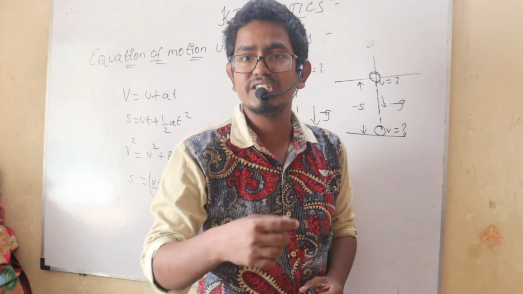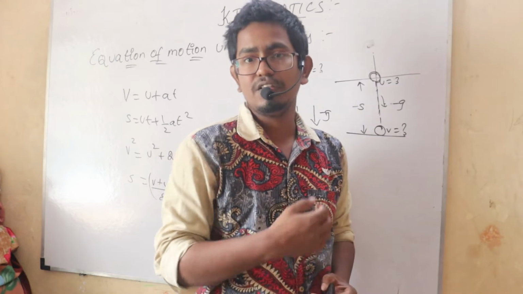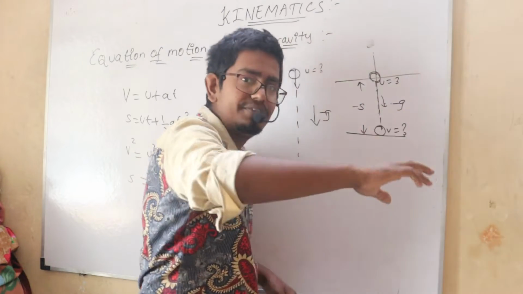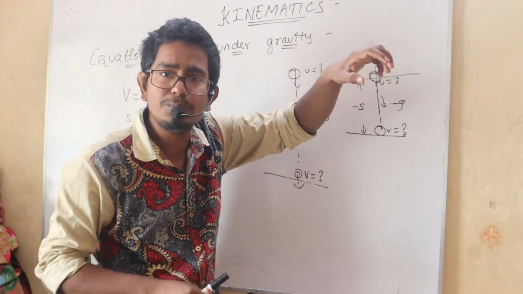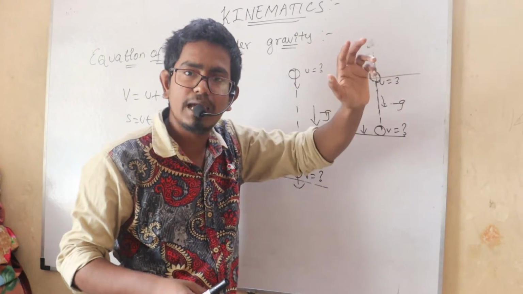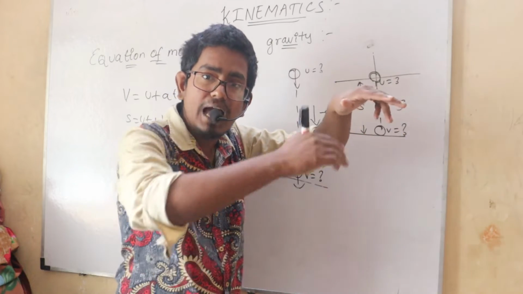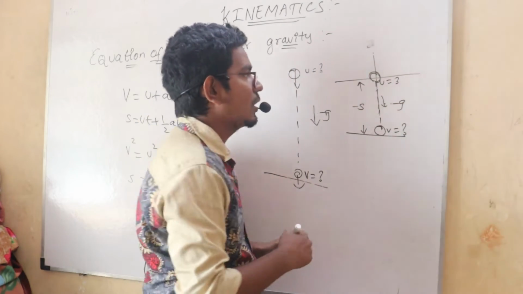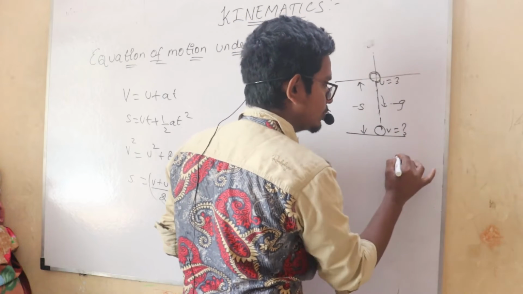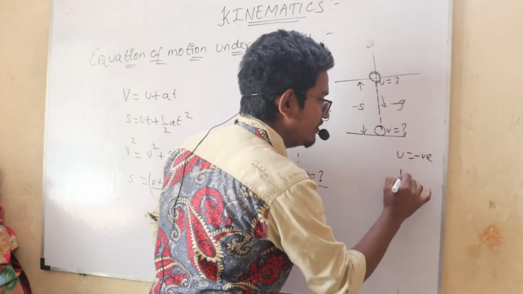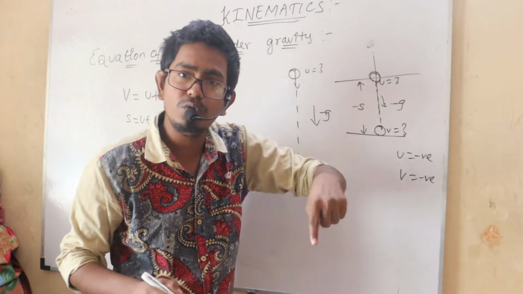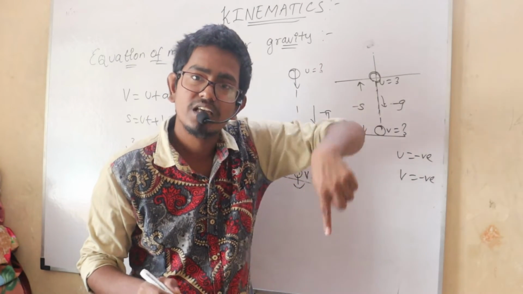Then whatever be the direction of the displacement, the velocity will have the same direction. Otherwise, as I am projecting the ball downwards like this, that means I am giving the velocity in the downward direction. That means my u is going to be negative, and my v is also going to be negative. Right? It is hitting the ground in this direction.